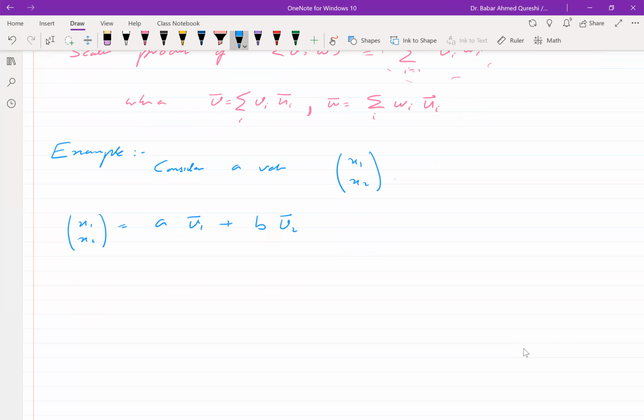The question is how to find a and b. My formula above said that a is going to be equal to the scalar product of this vector with the basis vector v1, which is cos theta, minus sin theta.